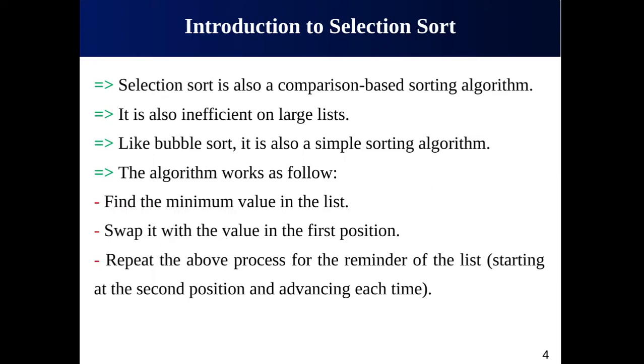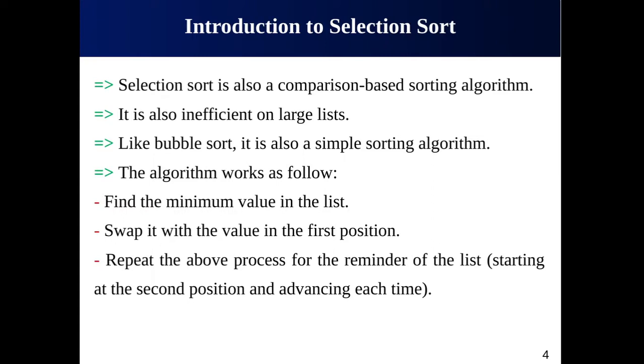Remember that like the bubble sort algorithm, the selection sort algorithm is also inefficient on large lists. That is, you can use them for sorting small data sets, but if you have thousands of elements to be sorted out, then in that case the running time is going to be larger. As we will see in the analysis, it has a running time of n square.